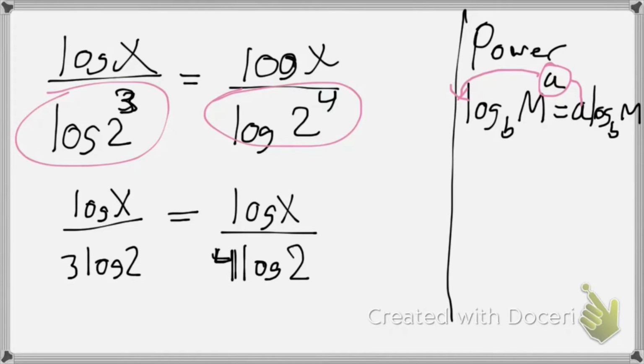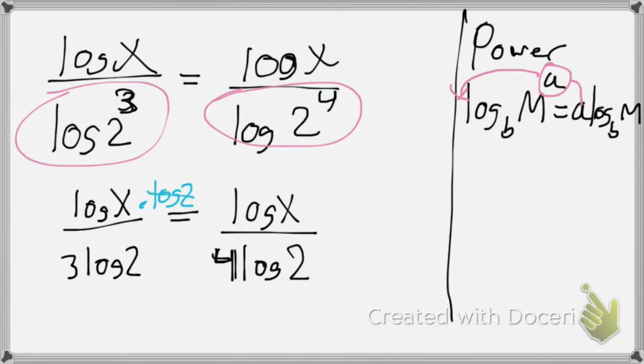Now what we want is to have one log on each side and not keep it so complicated. So what can we cancel out that's common between both sides of the equal sign, the left hand side and the right hand side? The only thing that's common, other than the log of x, that can be cancelled out easily, is the log of 2.